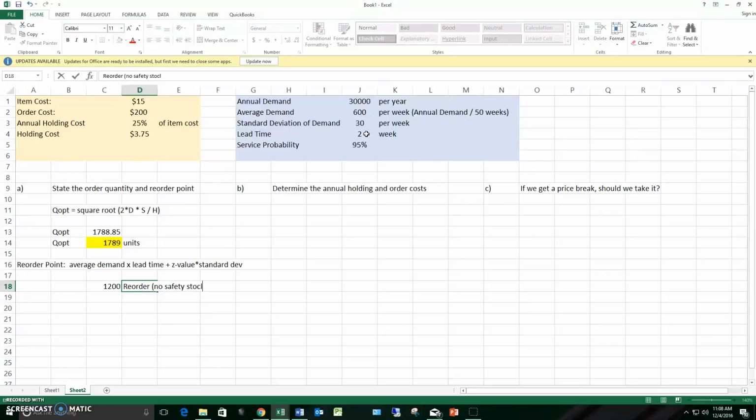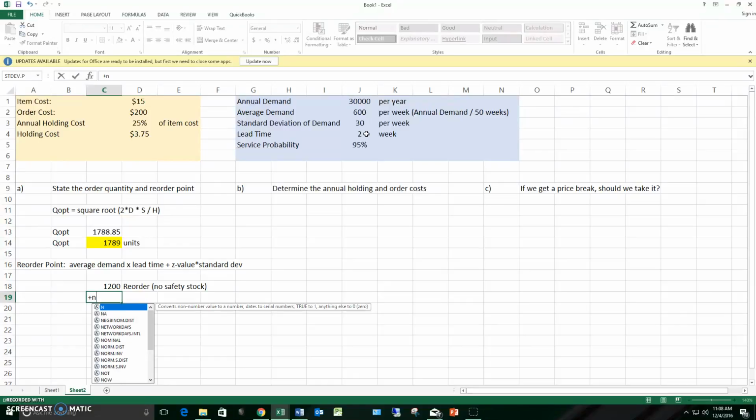But because we have said we want to have a 95% service level, let's figure out what that extra safety stock will be. It's our Z value. And that Z value we said was calculated either by looking at the back of the book or by using the NORMSINV function and putting in our probability.